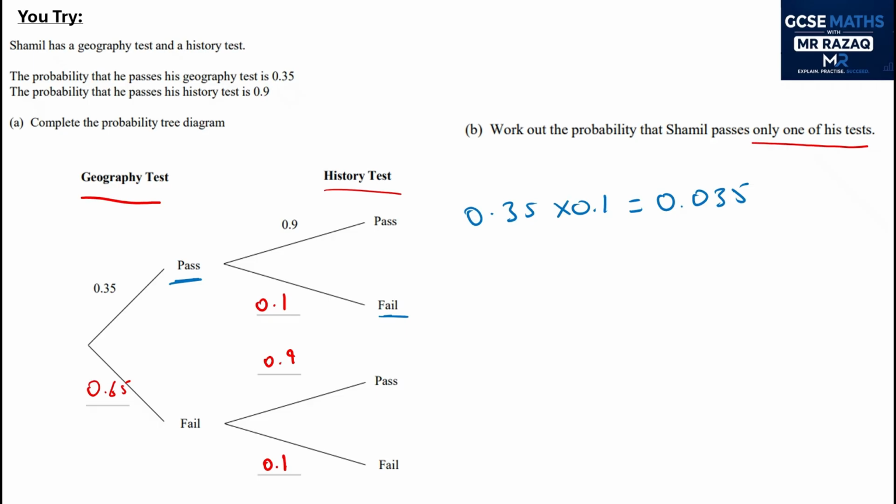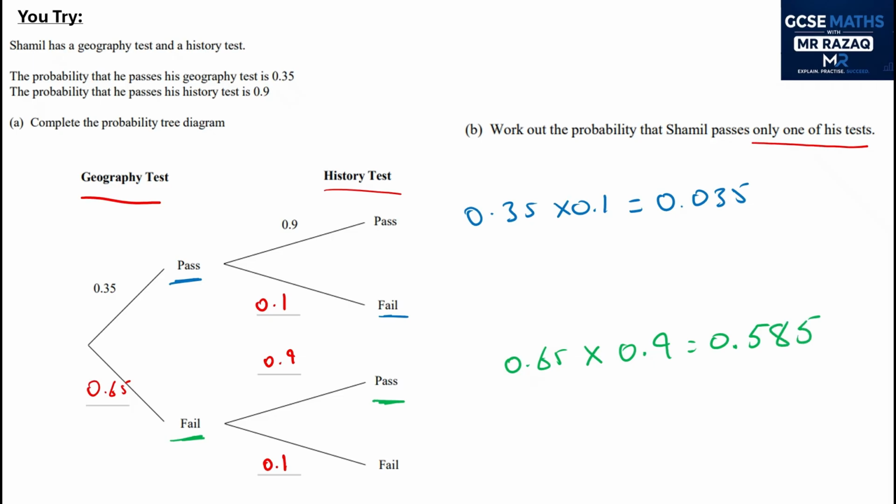And we can look at another situation. What if Shamil fails the geography test, then he must pass the history test. So it would be 0.65 times 0.9, and that would be equal to 0.585.